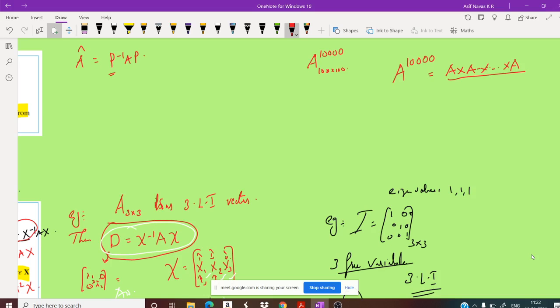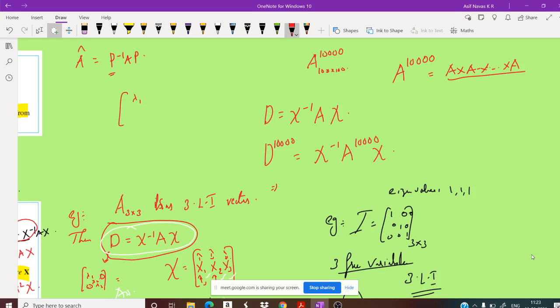So if A is diagonalizable, then we know that D equals X inverse A X, and D raised to 10,000 must be equal to X inverse A raised to 10,000 X. Now D raised to 10,000 is very easy to find.